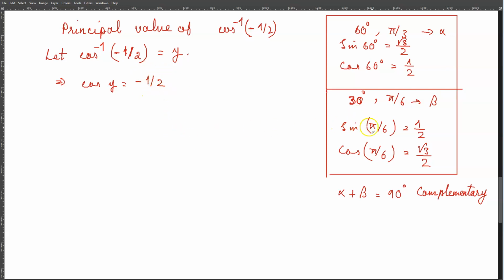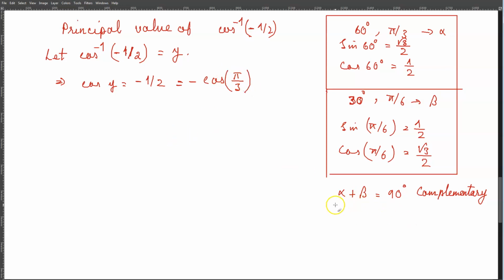Well, I know that cos of 60 degrees, or cos of pi by 3, is equal to 1 by 2. So I can write this as the negative cos of pi by 3, right? Negative cos of pi by 3.